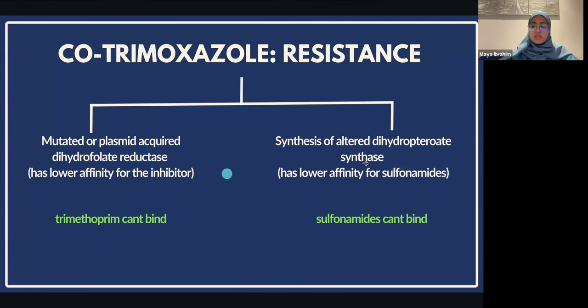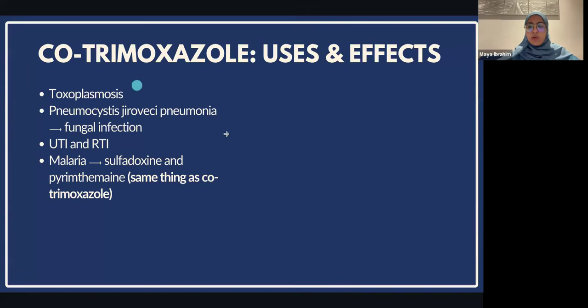So this is the way bacteria can become resistant to cotrimoxazole. There is cross resistance among all. So if the infection you have is resistant to this, then it's most likely resistant to all. Now, when do we use it?